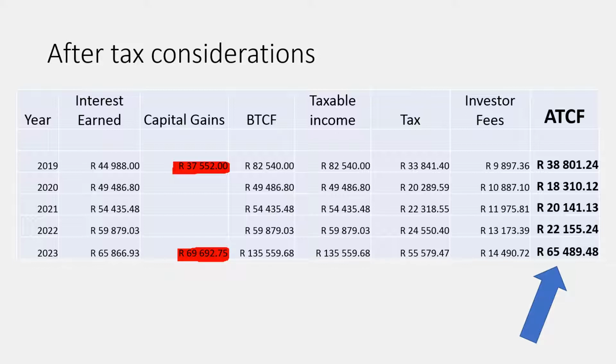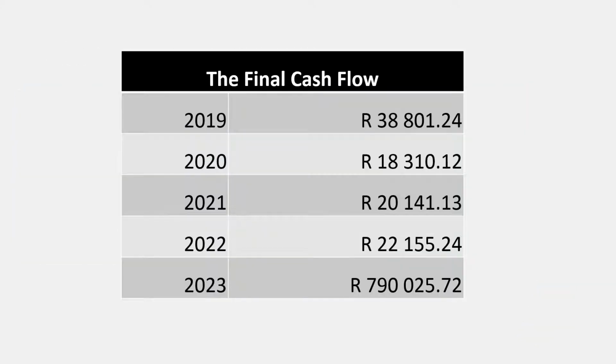Also want to point out that she has to pay tax on the interest that she makes every month or every year, and then in the end we end up with our nice after-tax cash flow right over here, which we can use to determine the financial feasibility.